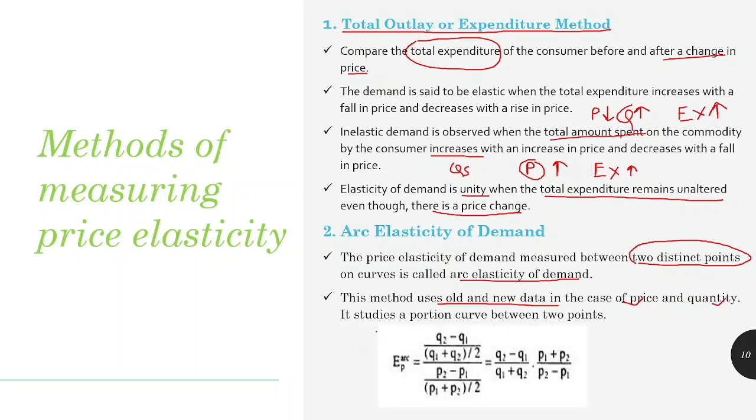So the formula is this. Do remember the formula. Here we are taking Q2, that is the new data, minus Q1 by (Q1 plus Q2) by 2. Similarly, P2 minus P1 by (P1 plus P2) by 2. When we cancel all of these, we will find a simple formula. So you can remember this.